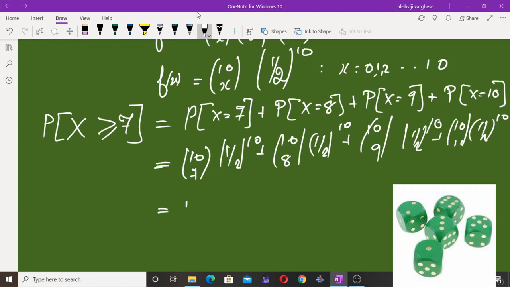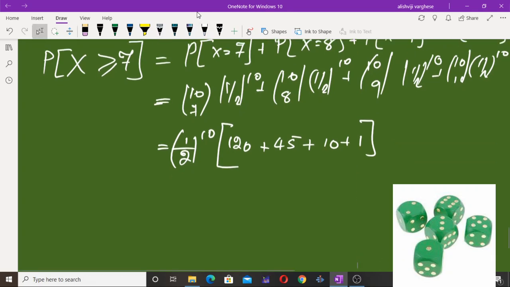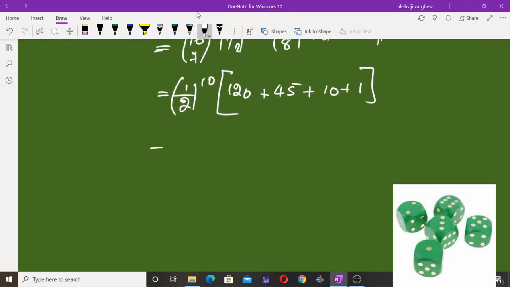So this 1 by 2 to the power 10 can be taken as a common factor, and for the remaining terms it is better to use calculators, and anyway the values are 120 plus 45 plus 10 plus 1, and the required probability is 0.171875.